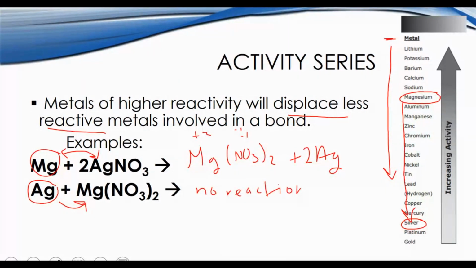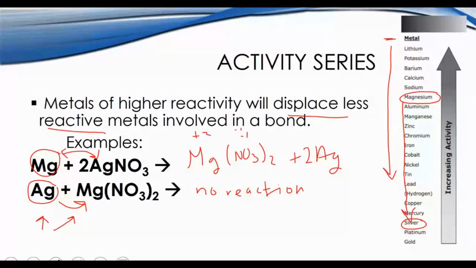So from this point on, we need to understand that not every single reaction that we look at, specifically single replacement, will actually end up in a reaction. Sometimes they won't. And again, we are looking for if the single element is stronger or weaker than the one that is bonded, right?